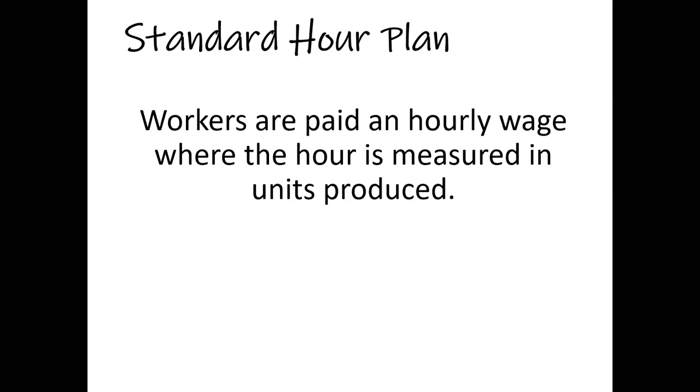So in the standard hour plan, as an individual incentive, as opposed to a company incentive or group incentive, the company sets a standard, whatever it is, 100 units an hour, 5,000 cars to be sold in a month. They set the standard. And they say, when you achieve the standard, you will also achieve a certain amount of money.